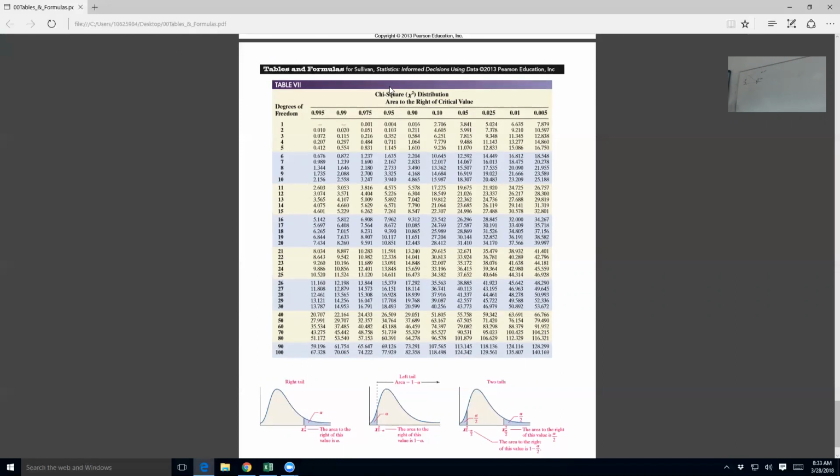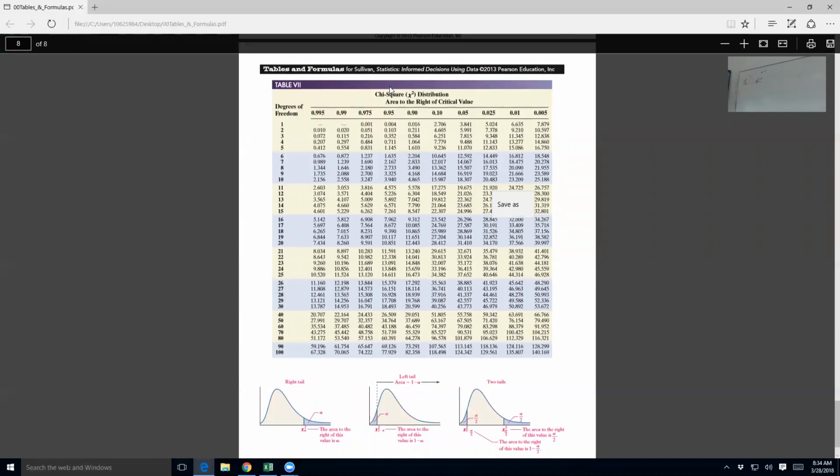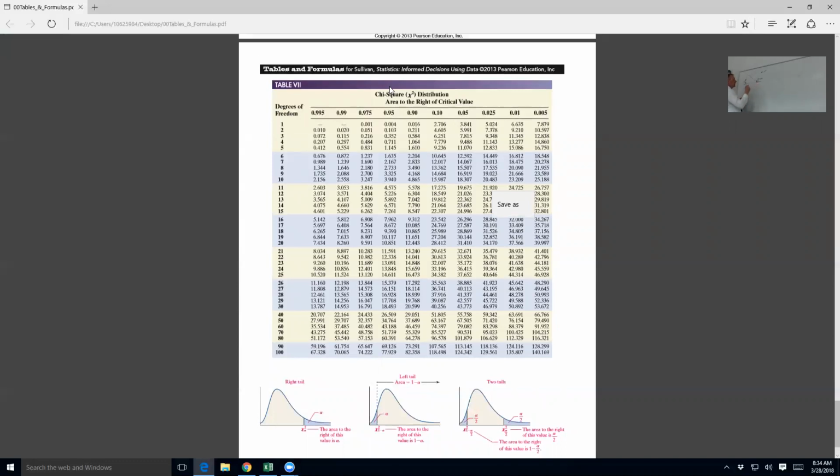Okay, you told me the row. Victor said the row is 11 degrees of freedom. 0.05? 0.025, right? Because I've got to split that in half. Okay, so in the table, 11 degrees of freedom gives me 21.920. So this value here on the right is 21.920. How do I find the value on the left? 0.975.